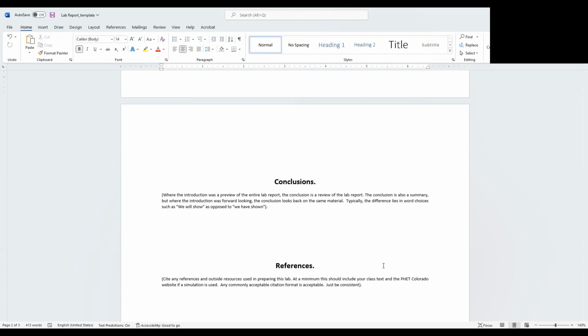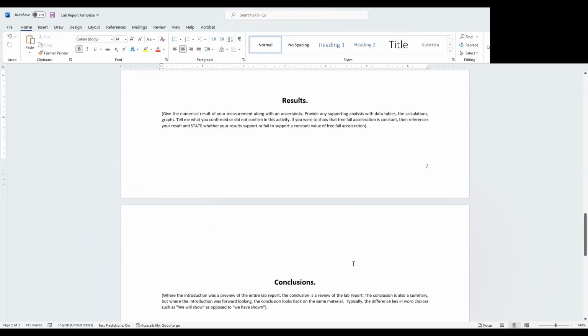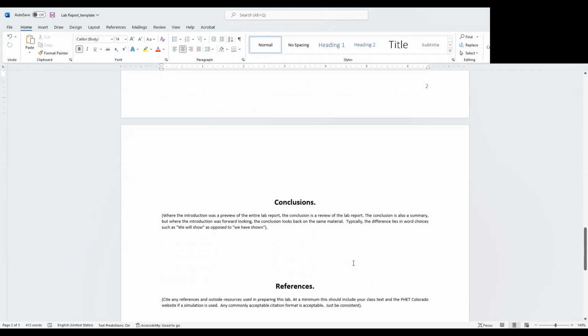You will explain if there is correspondence or not between these results and what you were expecting. So this is what you have to write in the conclusions. Conclusions together with results are two sections that are very connected. Based on the results, you will conclude about this or that.